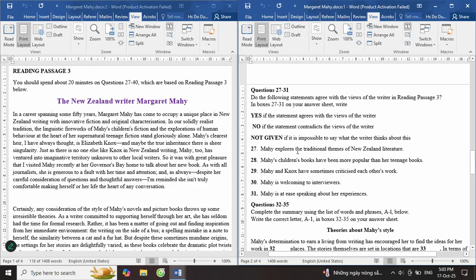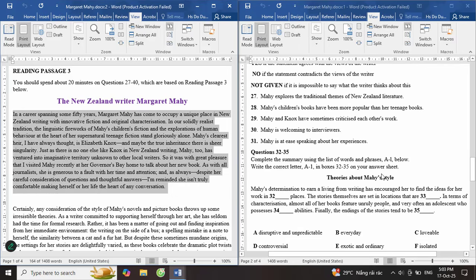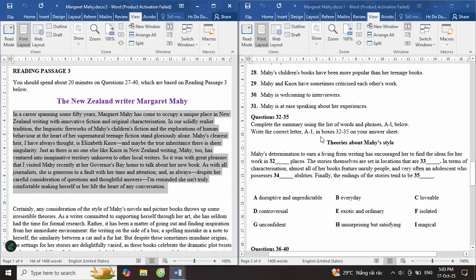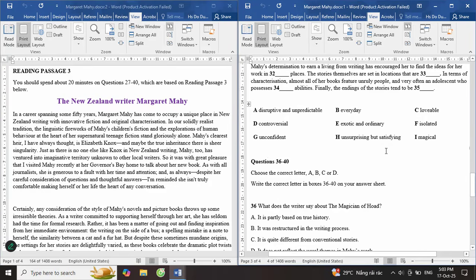So for yes, no, not given, of course, we will start by reading the first paragraph and then work with this. However, I would first see what the others talk about. For fill in the blank, they talk about theories about Mahy's style.